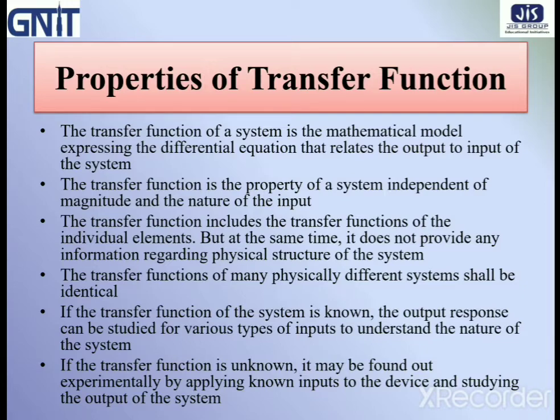Suppose we give a step signal to the input and we see the output signal, and next we give an impulse signal and we see the output response. So for different inputs we can see the output response if we know the transfer function. There are some more properties.